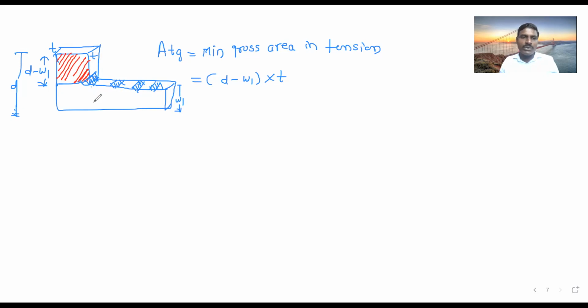Toe of angle, T-O-E, toe. This is your angle, and here the bolt hole is there. See, so this is the toe of the angle.